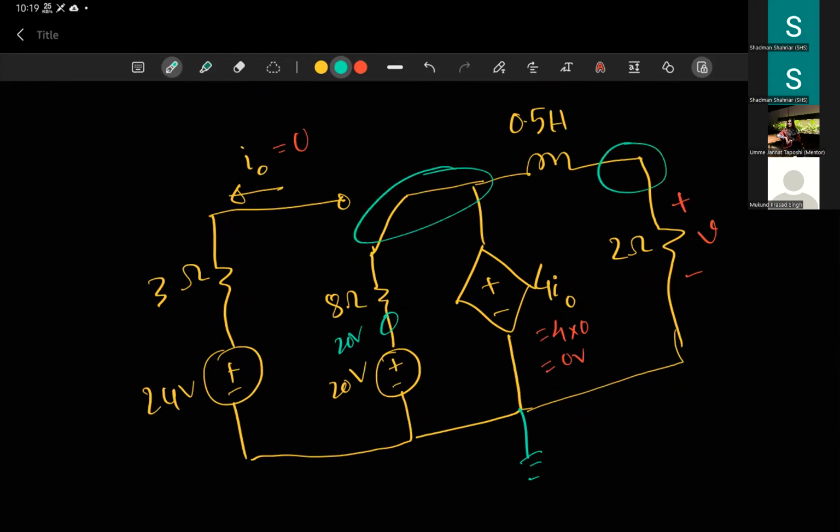Okay, so what's the voltage of this node? Sir, we have to find it using nodal analysis. Yes, but you have a voltage source connected to this node, right? 0 volt. Yes, sir. And what's the voltage difference between the two terminals of this voltage source?